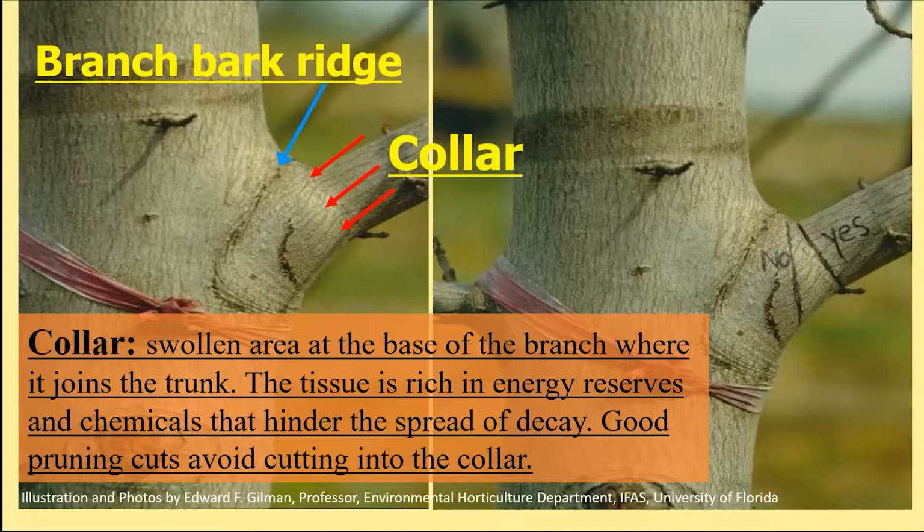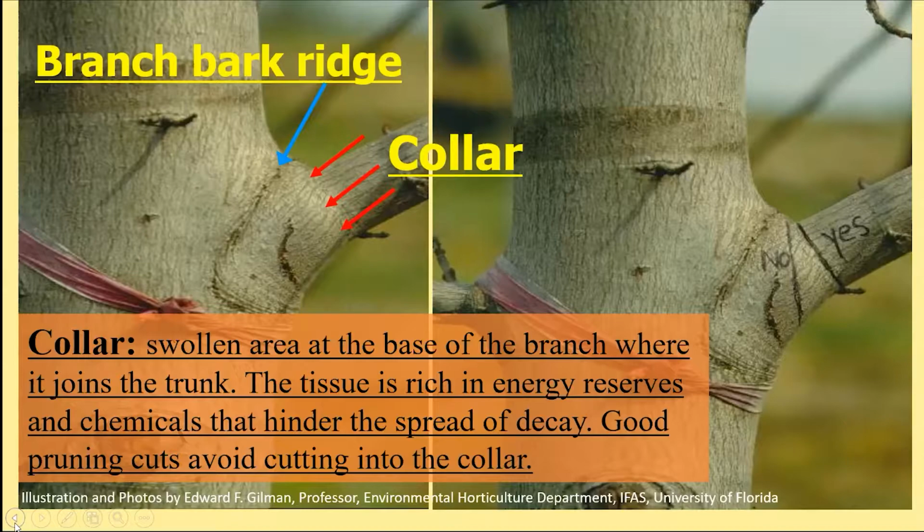Now, the collar sometimes can be difficult to spot in a tree. In this example, when you look at the picture on the left half, it's pretty easy to see the swollen area. I'll give you a little shortcut. First, begin with the branch bark ridge. See the line pointed to with the blue line.